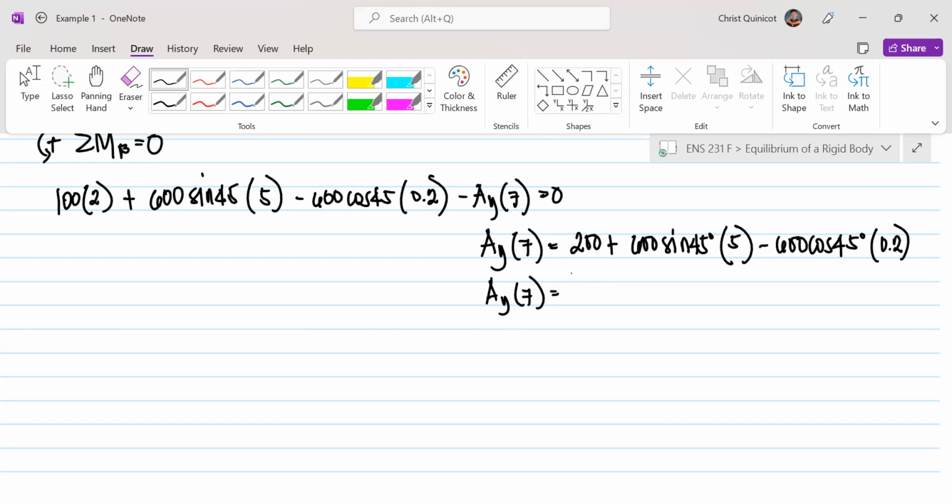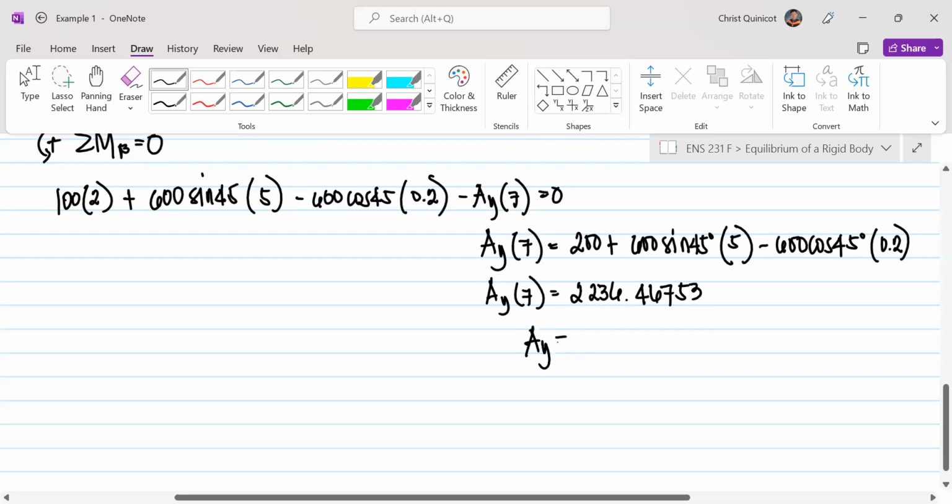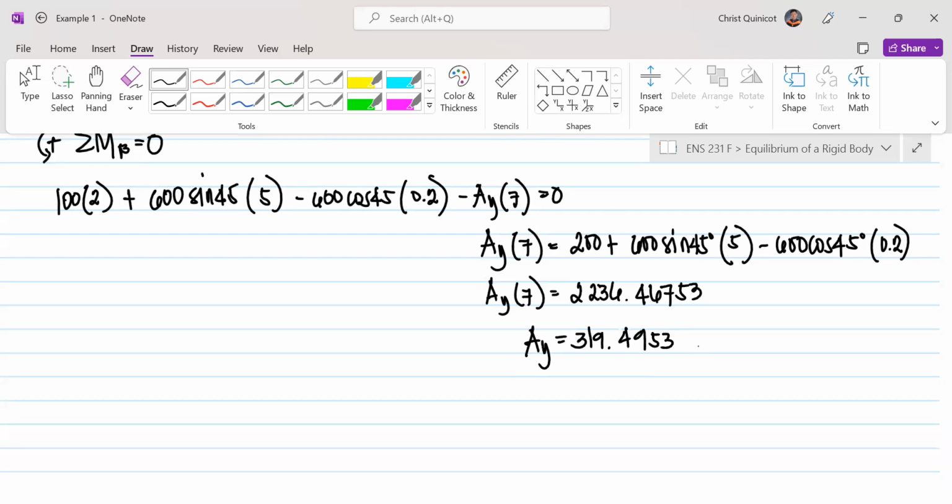Okay, this is 2,236.46753. Divide both sides by 7. So A sub Y is equal to 319.4953614 Newton. Okay, this is our value for A sub Y.